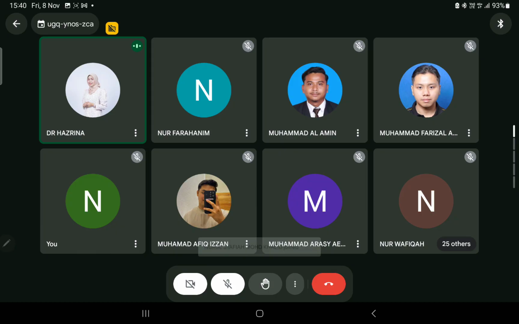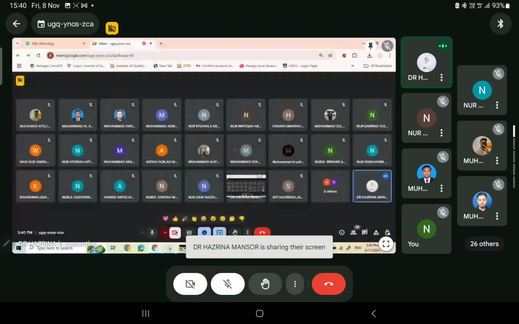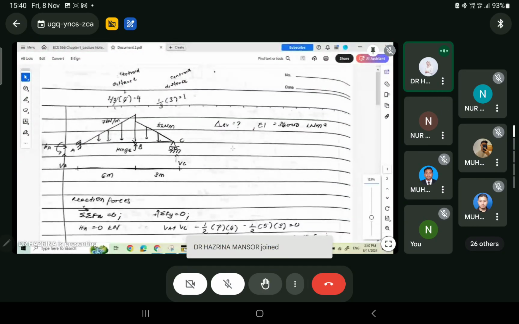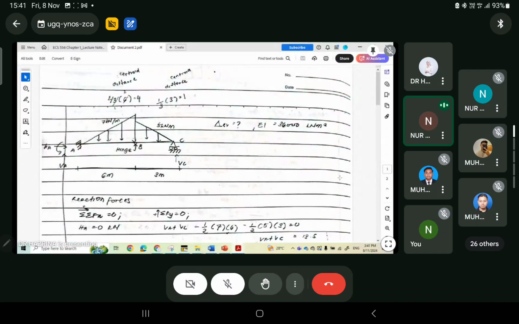Okay, so I will share my screen and please explain to us what the question is all about and how you solve it. Firstly, I try to find the reaction forces, horizontal and vertical, VA.